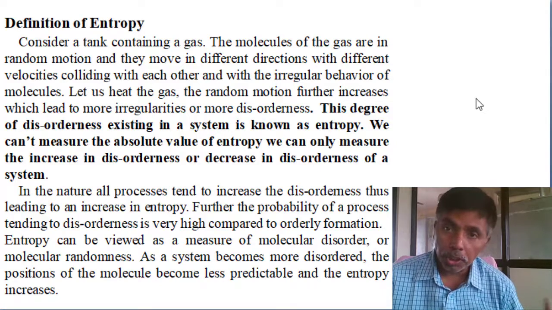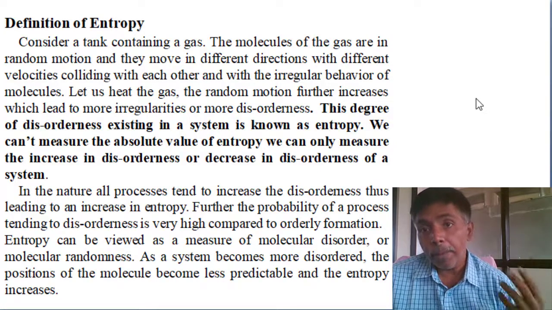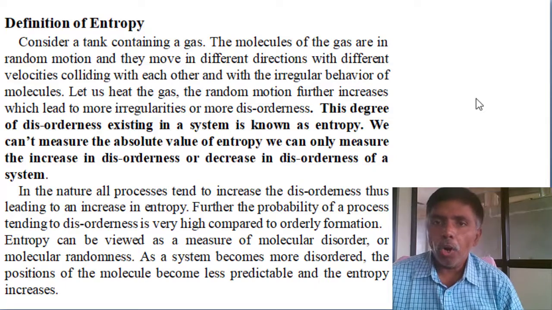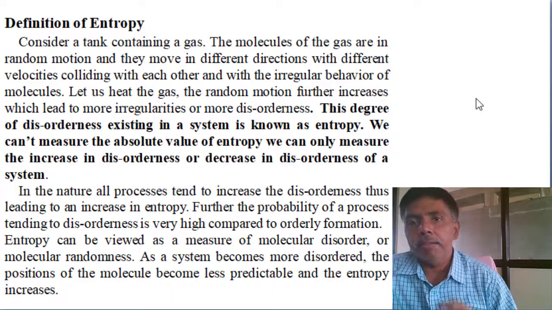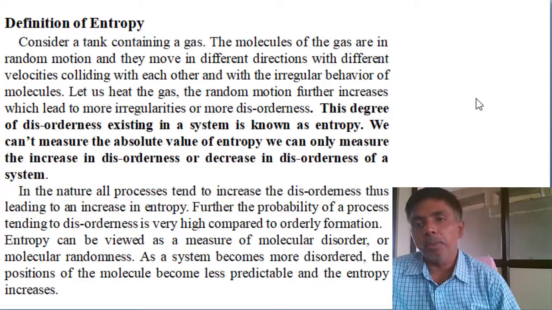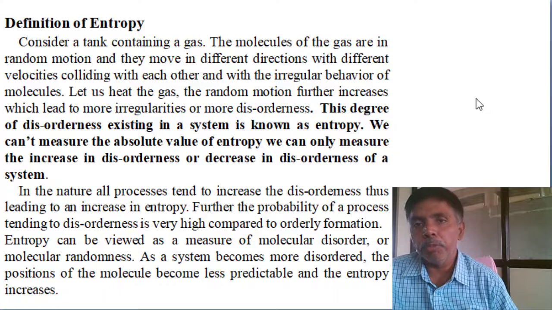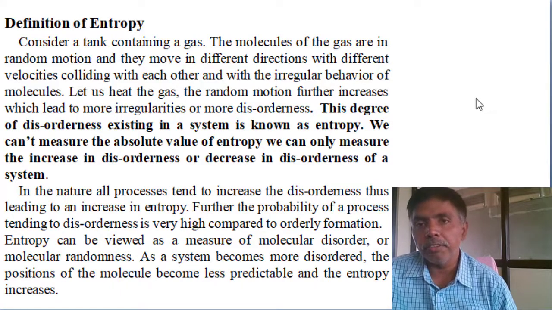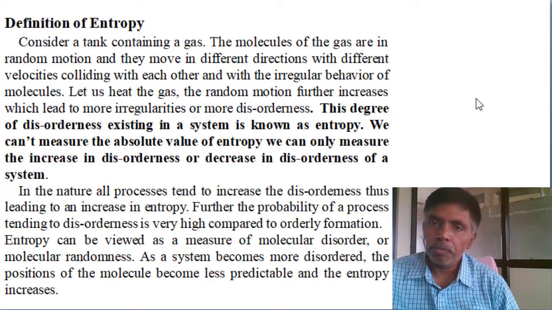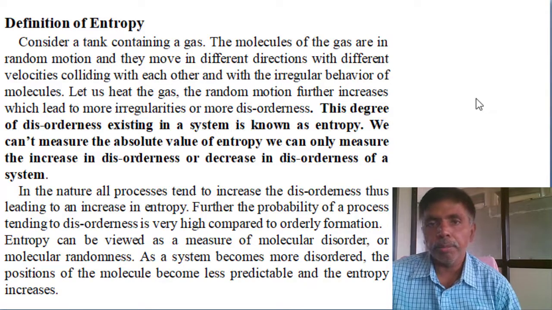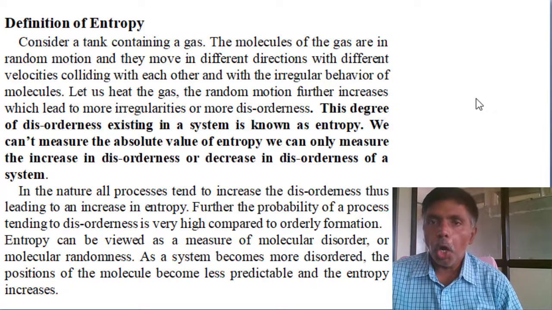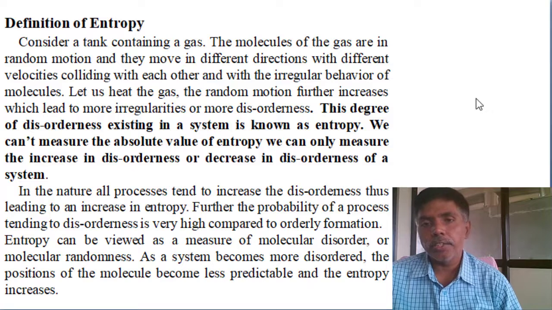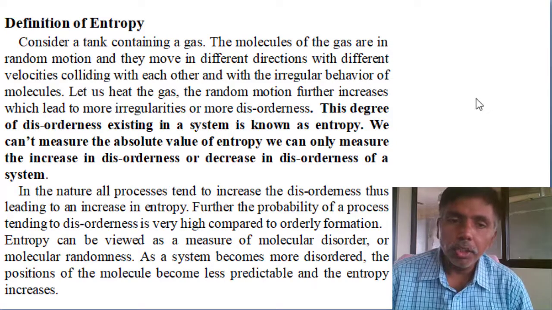Total disorderness, how much, we don't know. By our process, how much degree of disorderness is attained, we can measure. That is called entropy. By different processes, if I move at constant pressure, how much degree of disorderness of molecules occurs? Constant temperature process, constant volume process, or adiabatic process, whatever. By different processes, how much degree of disorderness we are achieving, that is called entropy.